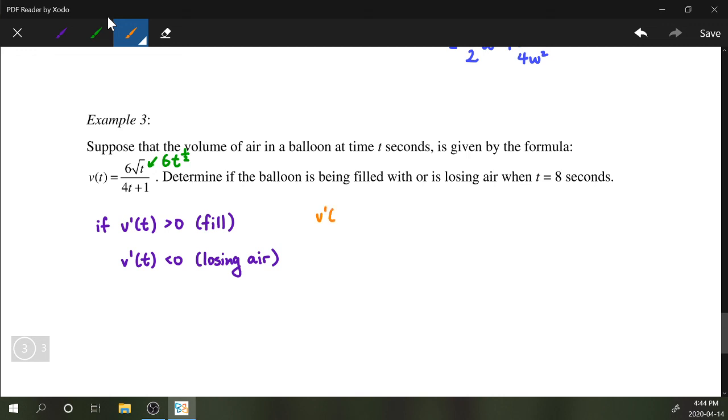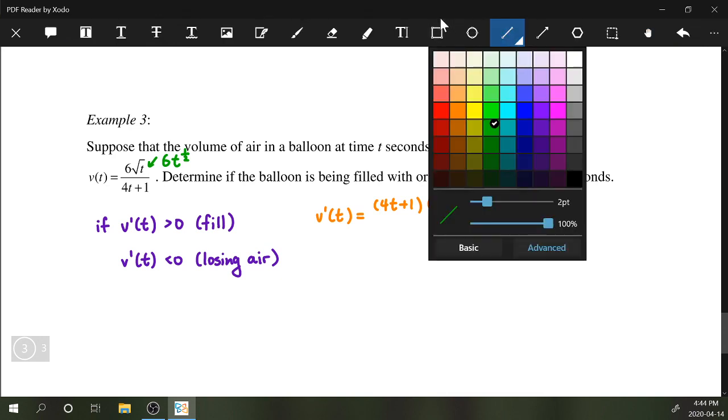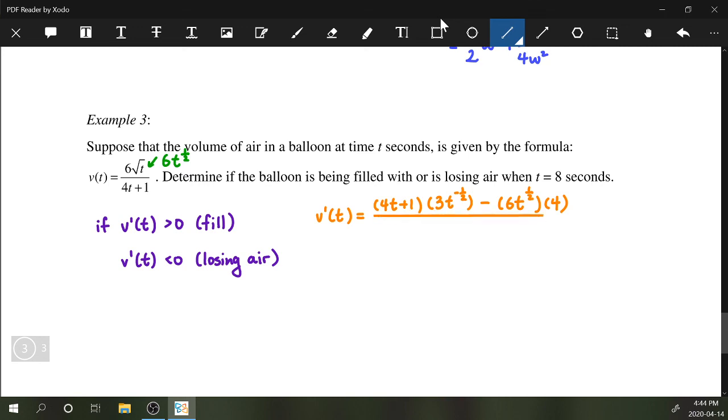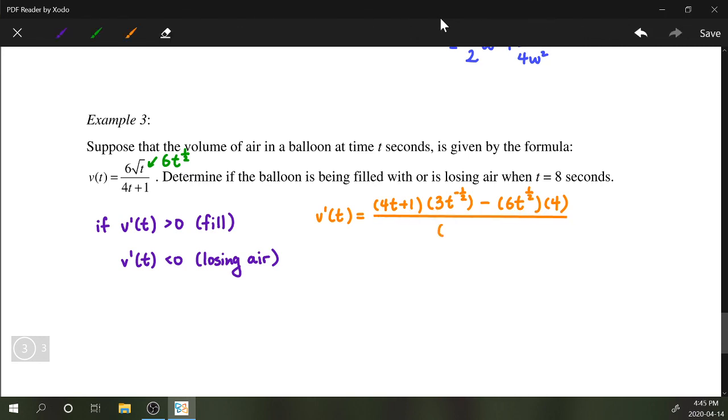So v prime of t is equal to, let's see, low, so 4t plus 1, d high, so derivative of the numerator is 3, and then t to the negative 1/2, and then minus high, so it would be 6t to the 1/2 power, d low, which is 4, and then it's all over 4t plus 1 squared.